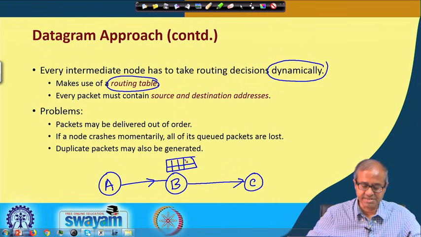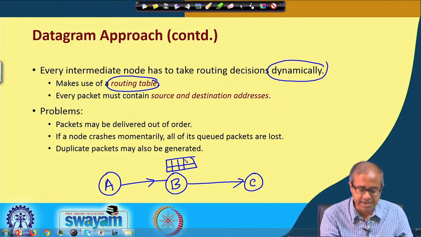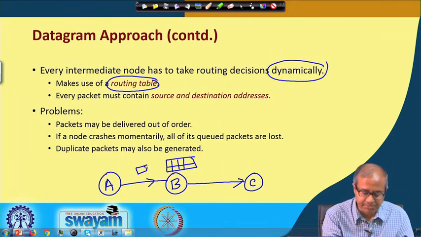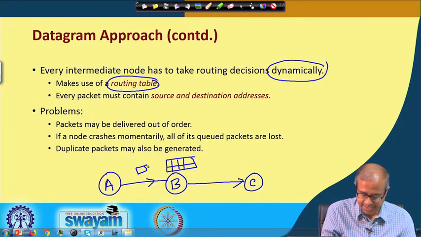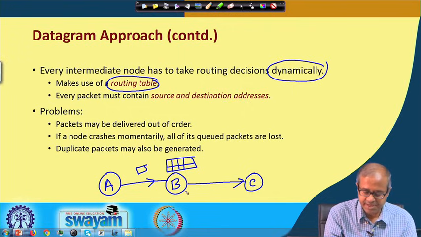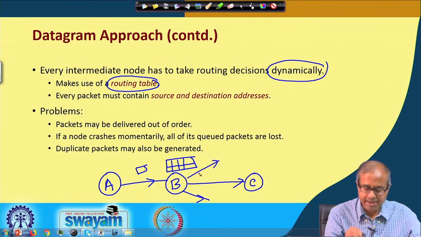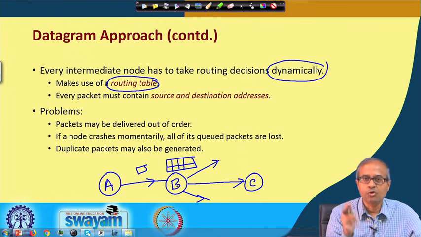That table contains relevant information, such as where an incoming packet has to be forwarded to. There can be multiple outgoing links from B.